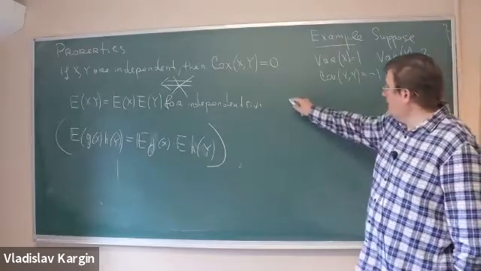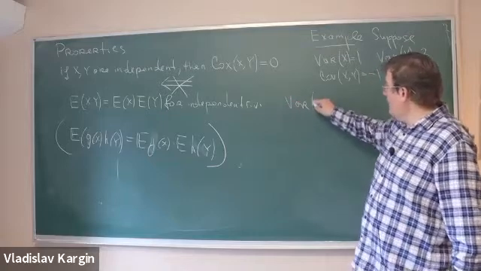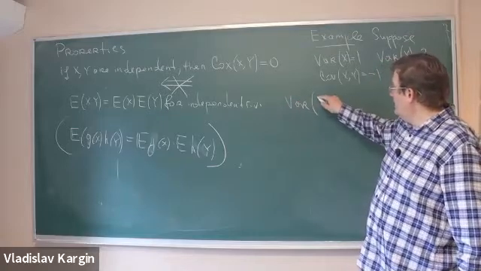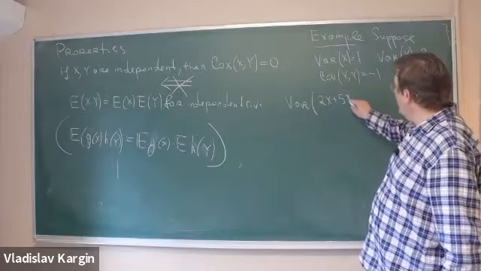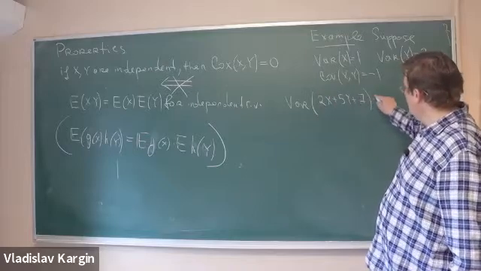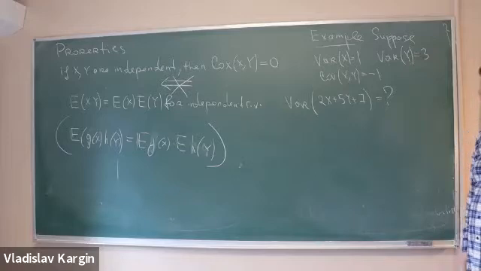Let's look at the variance of 2x plus 5y plus 7.